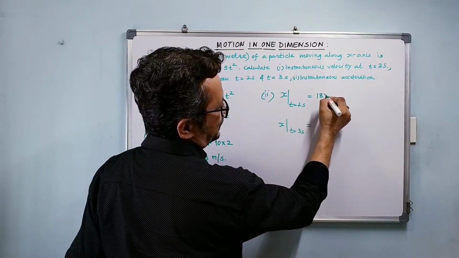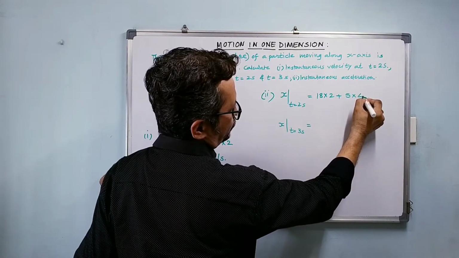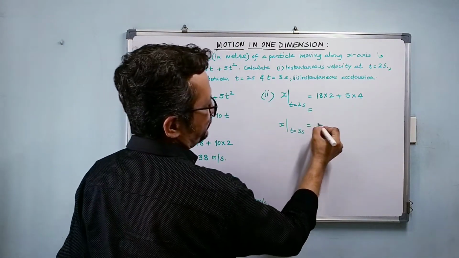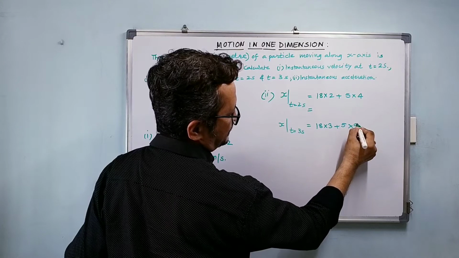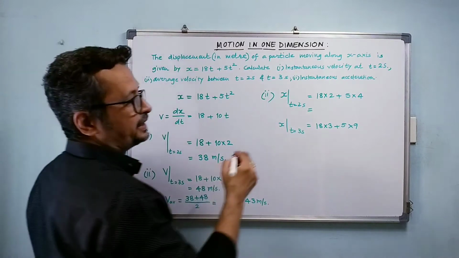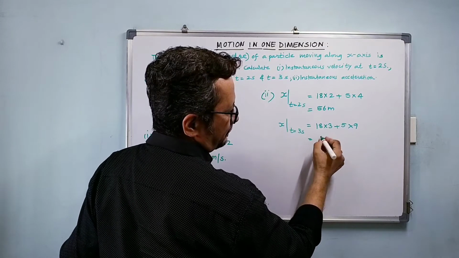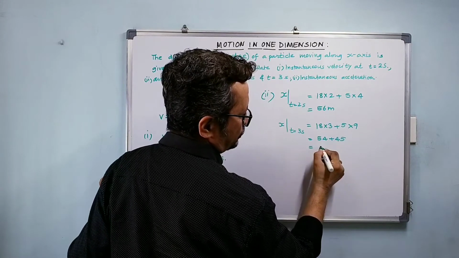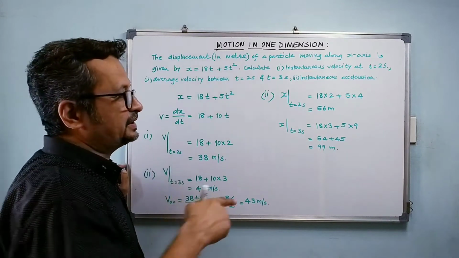So 18 into 2 plus 5 into t squared, 2 squared is 4, so that is 36 plus 20, that is 56 meters. And x at t equals 3 is 18 into 3 plus 5 into 3 squared, that is 9, so 54 plus 45, that is equal to 99 meters. So I have the displacements at these two times.